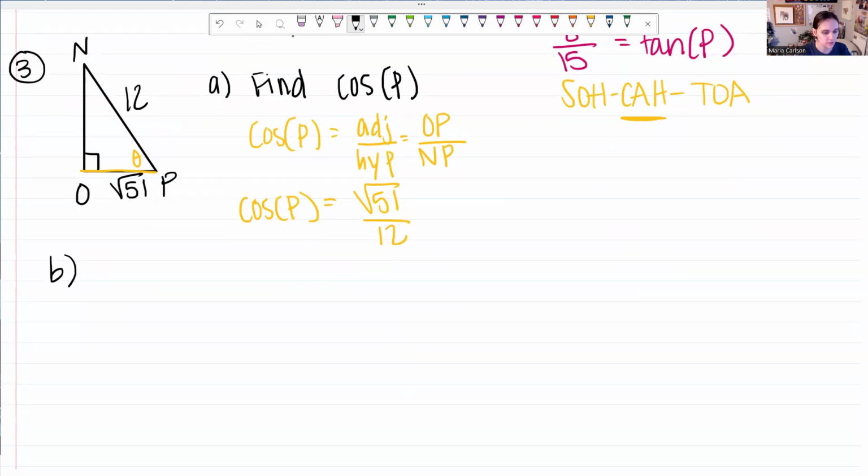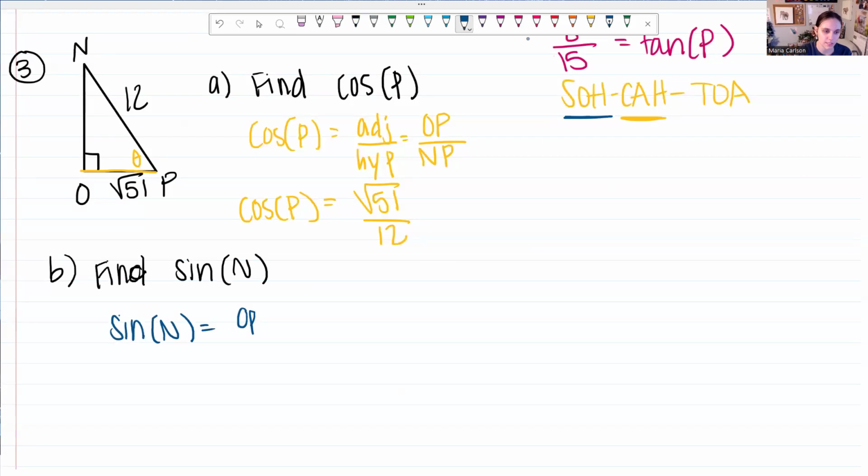Part B. We're going to find sine of N. So sine is opposite over hypotenuse. The sine of N, I'm looking at the opposite side from N over the hypotenuse. The side opposite angle N would be OP again, over the hypotenuse, which is still NP.